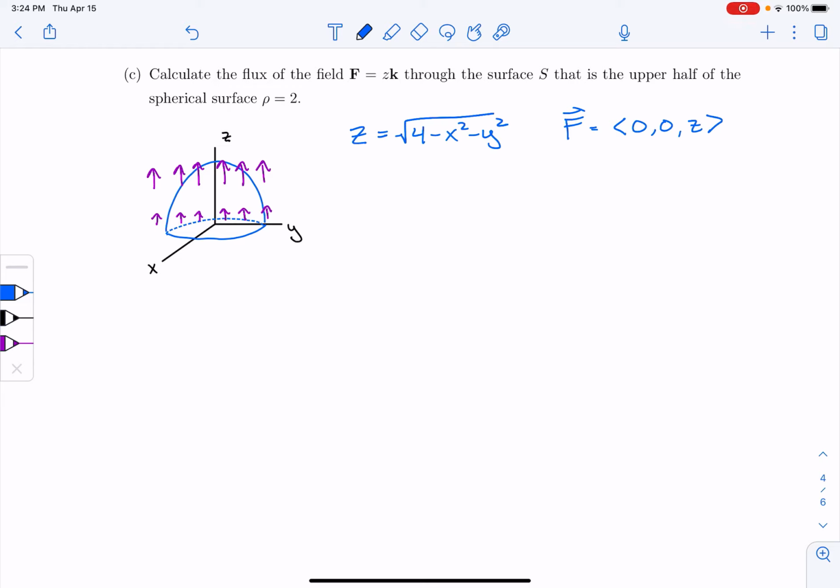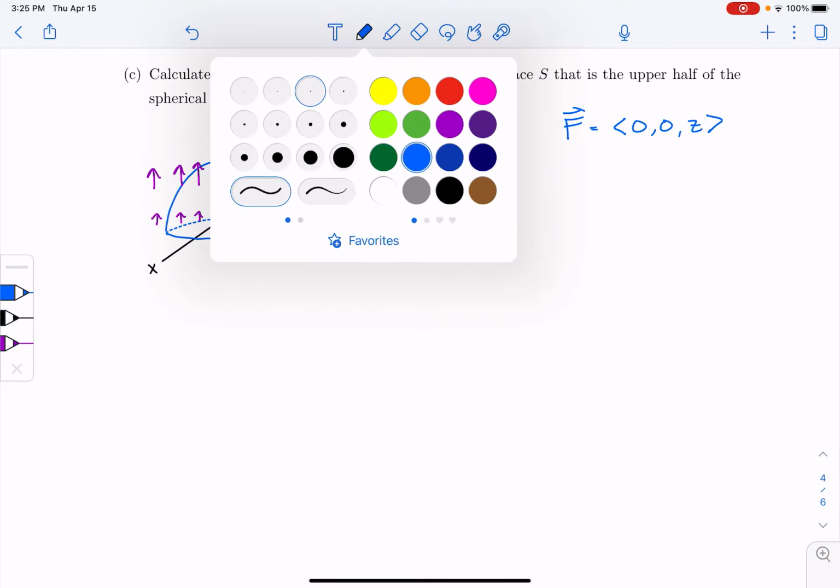Well, my normal vector then is minus the derivative of z with respect to x. So that turns out to be minus 1 over root 4 minus x squared minus y squared times a negative 2x.